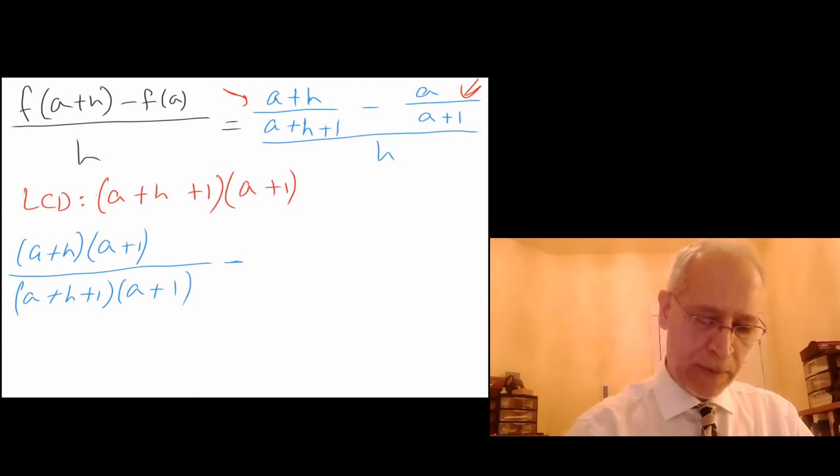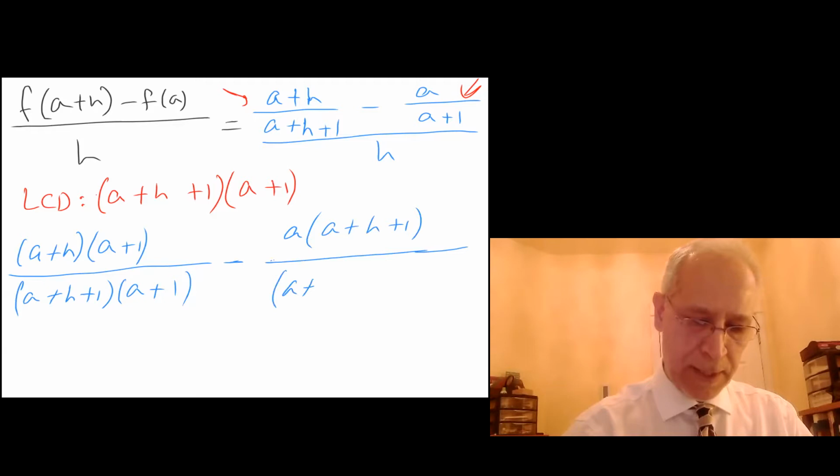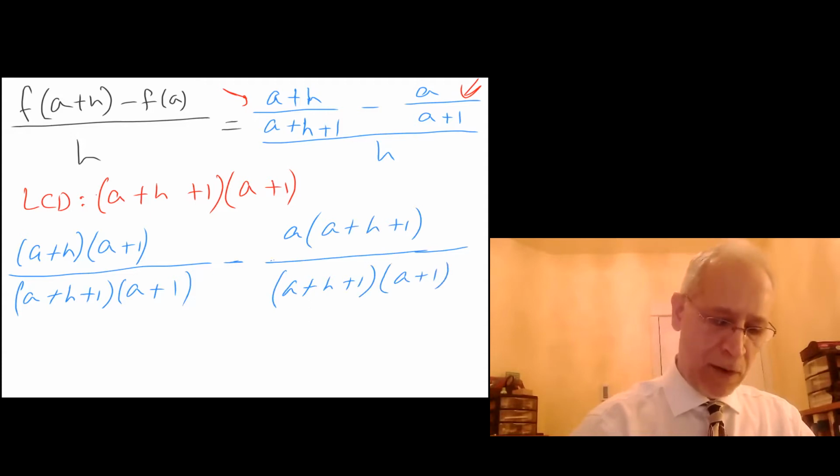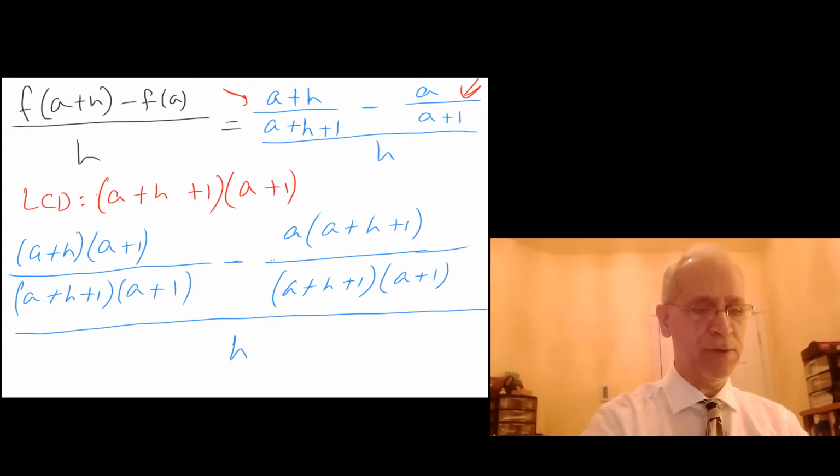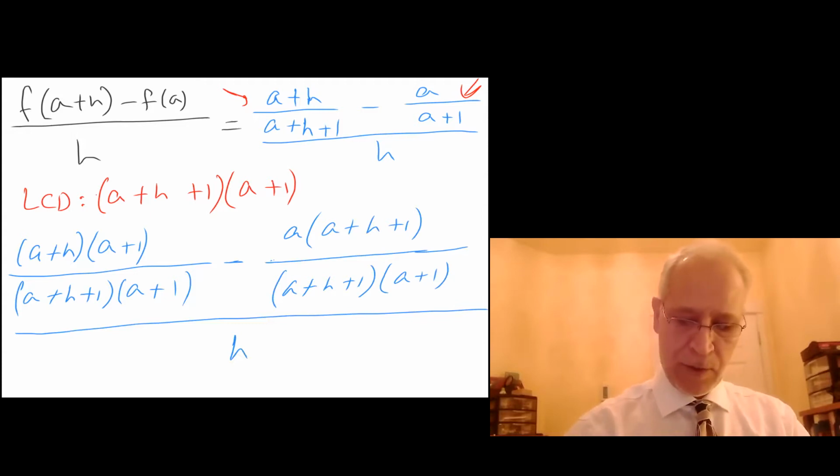So that gives me a times a plus h plus 1 over a plus h plus 1 times a plus 1. And I have to remember that all of this was over h. So I'm going to go to the next page.